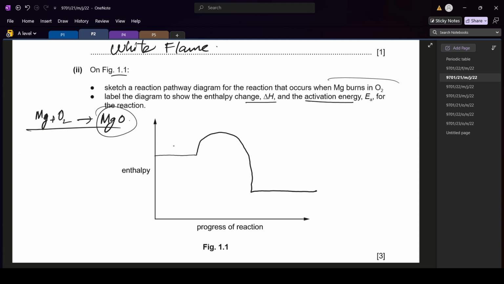So the products will be magnesium oxide, and the reactants are magnesium plus oxygen. And this is the activation energy. This is the activation energy, and this is the enthalpy change.